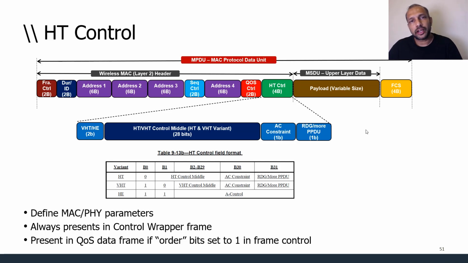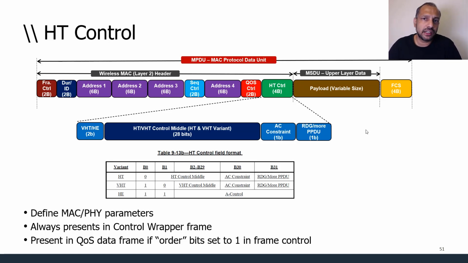At that particular time, 11ac and 11ax were not being discussed, so they just had a 1 bit to indicate. If it is bit 0 with value 0, you are indicating the HT control field is there, and then some other PHY and MAC layer field values can be incorporated into this HT control field, whatever the information can be embedded.